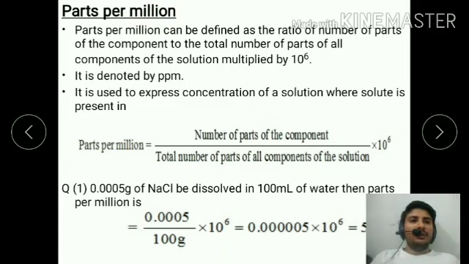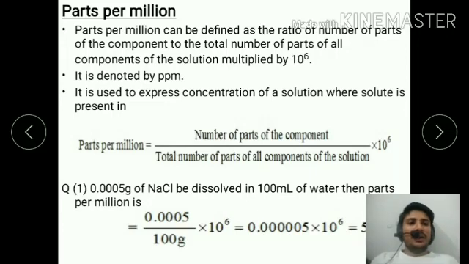What is million? 10 to the power 6. It is denoted by ppm, and it is used to express the concentration of a solution where the solute is present in trace quantity.